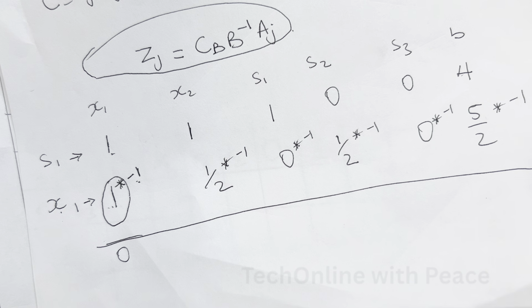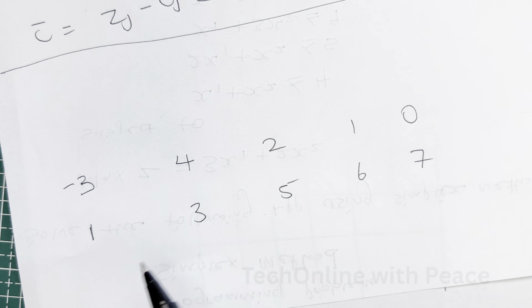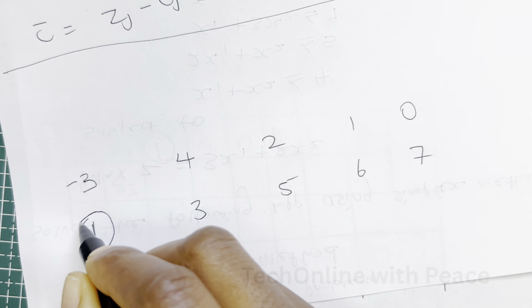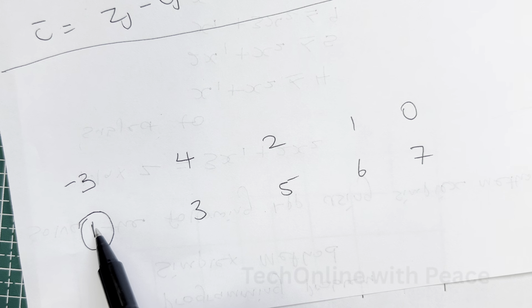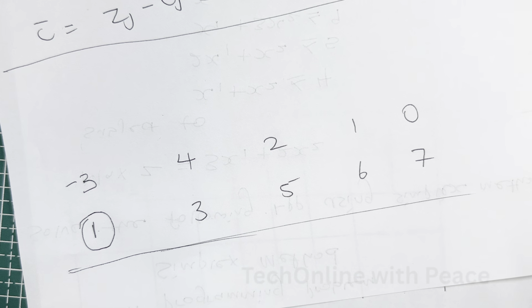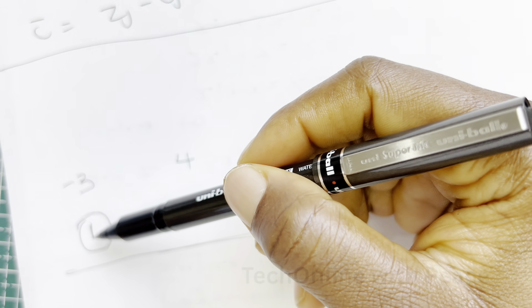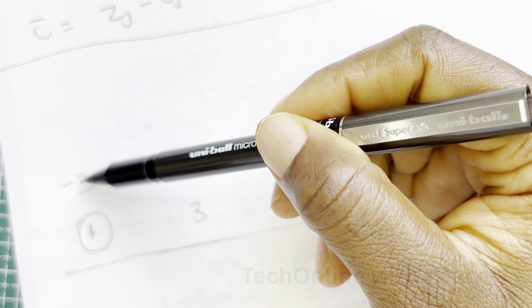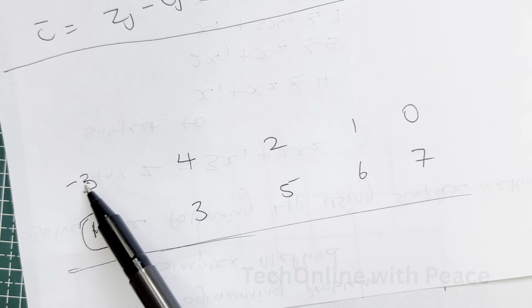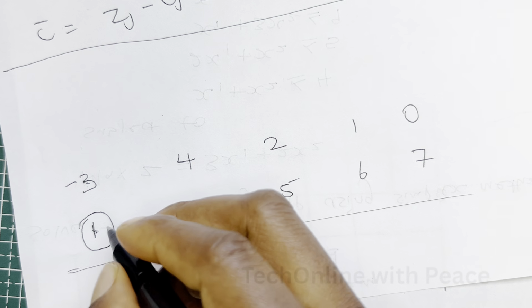I'm going to show another example for you to understand. Let's say our pivot is here. Pivot is always 1. So let's assume this is our key element and we want to find the new value. To get the new value here, we need to multiply this 1 with the adjacent value, which is 3, but with the opposite sign. So the opposite sign of this will give us minus 3.